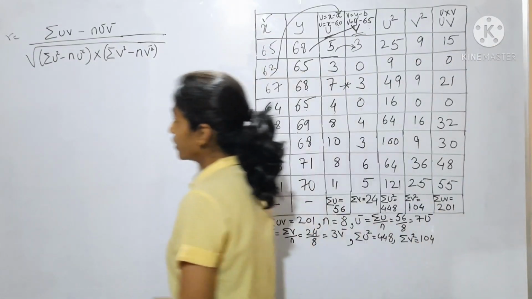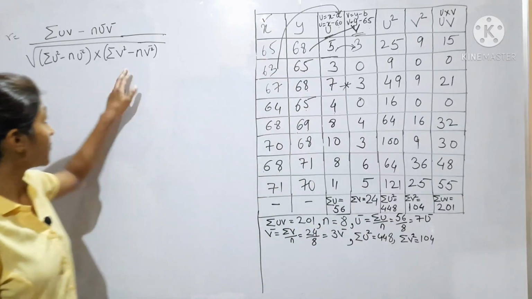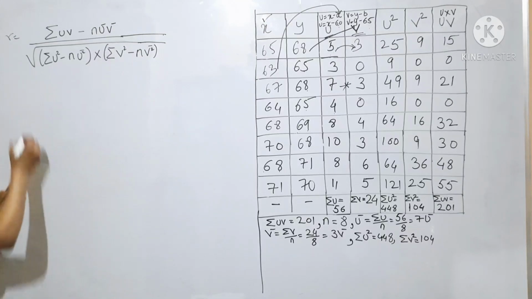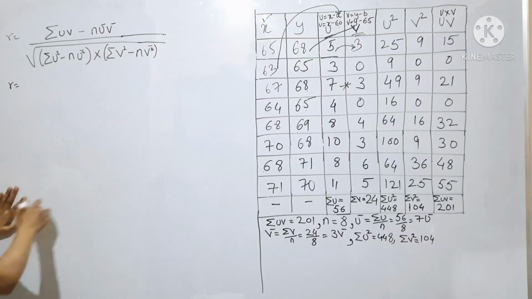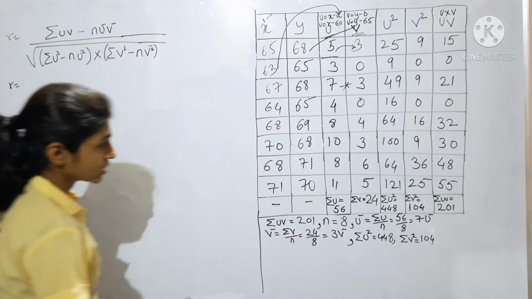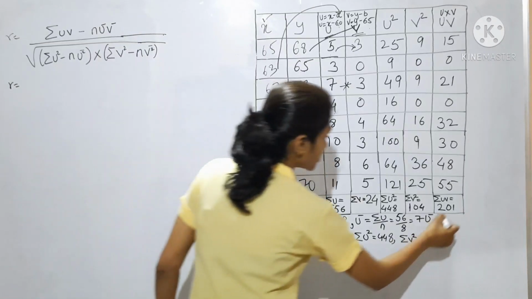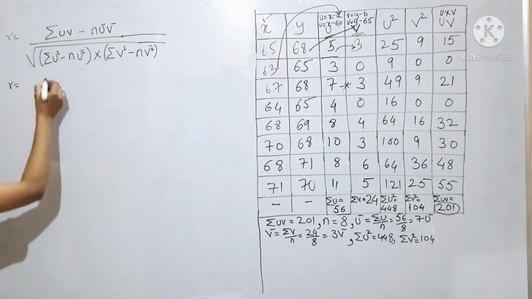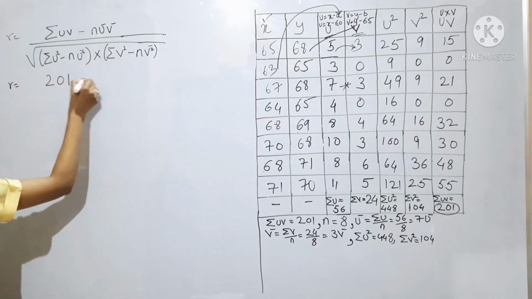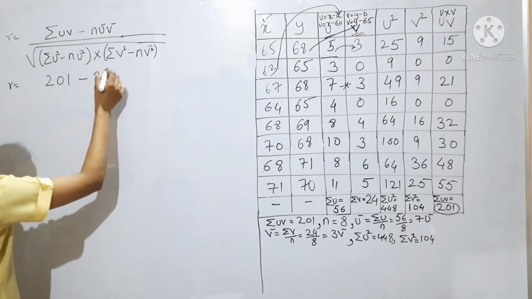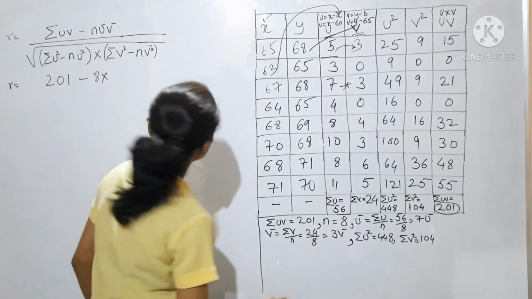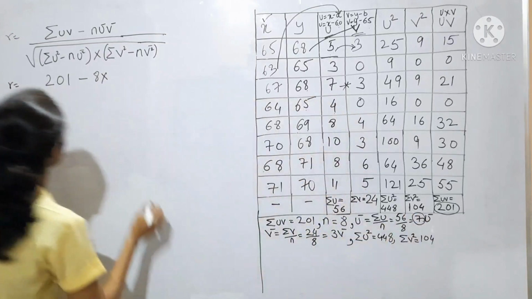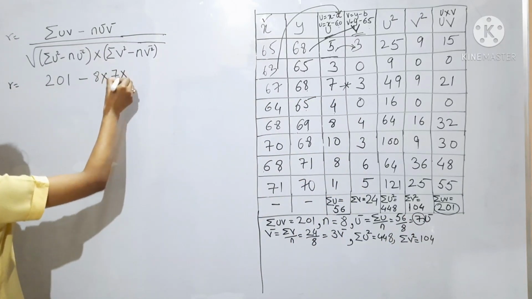So now next step, write the formula and write all the values as per the formula. R is equal to summation of uv. Summation of uv is 201. 201 minus n, which is 8, multiply by U bar. U bar we have got as 7, multiply by V bar.